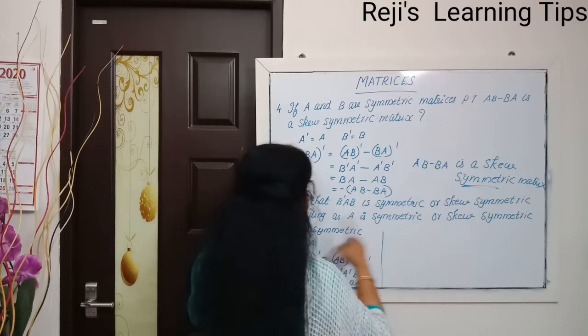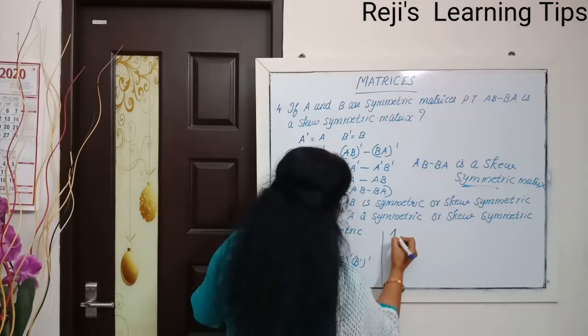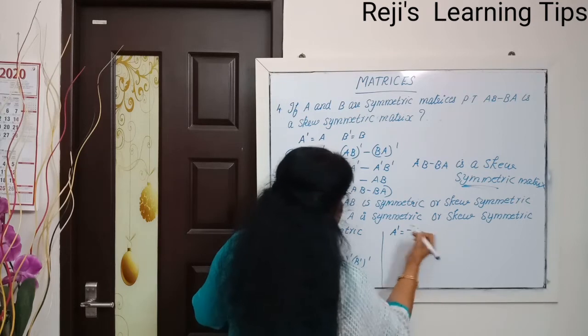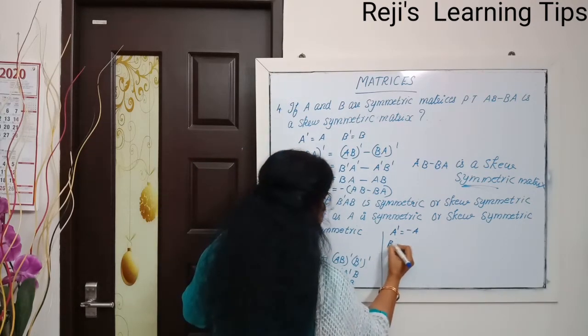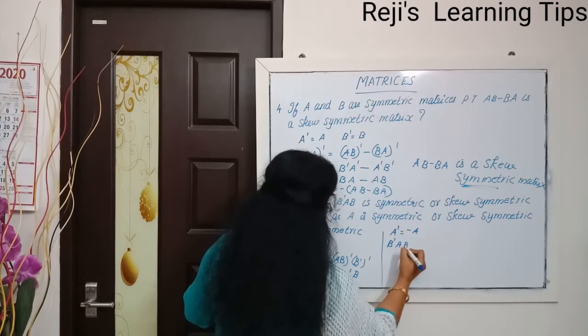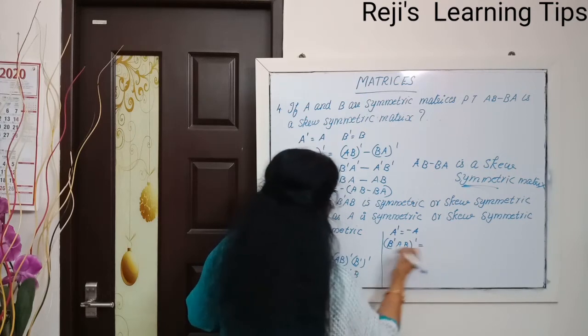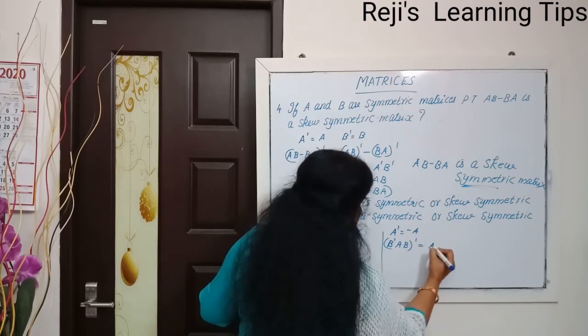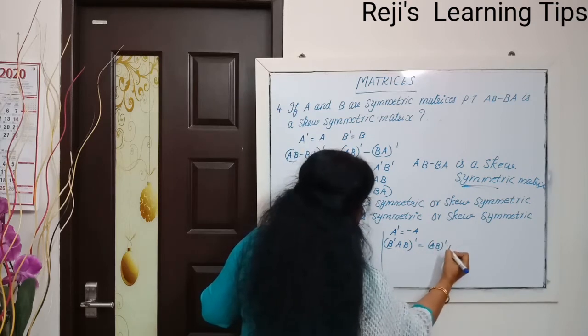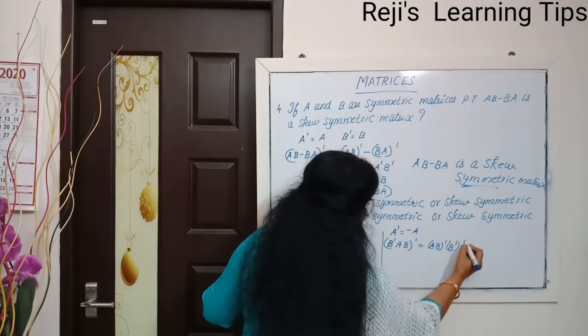Then the second case: if A is skew symmetric, then A transpose is equal to minus A. Then (B transpose AB) the whole transpose is equal to, in the same way, (AB) the whole transpose into (B transpose) the whole transpose.